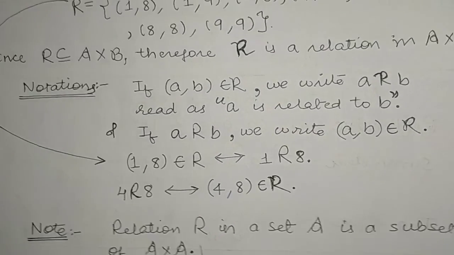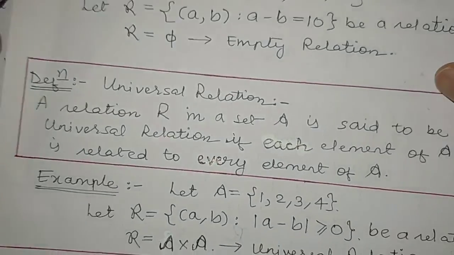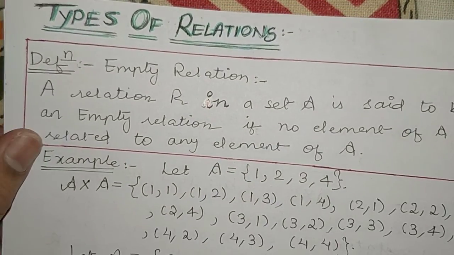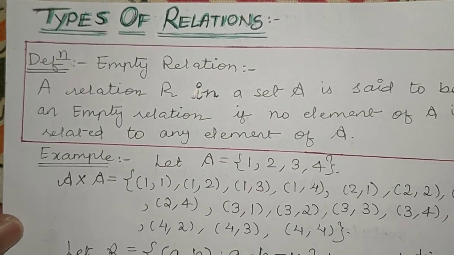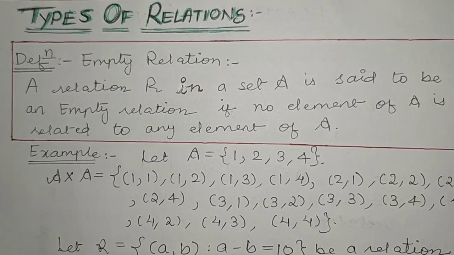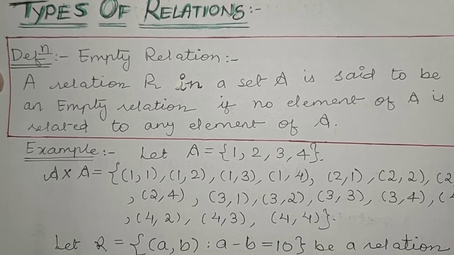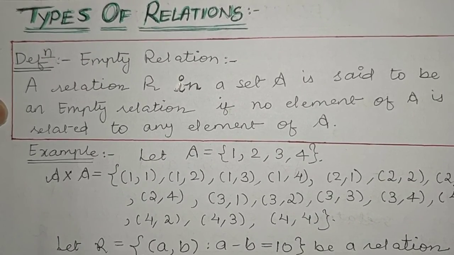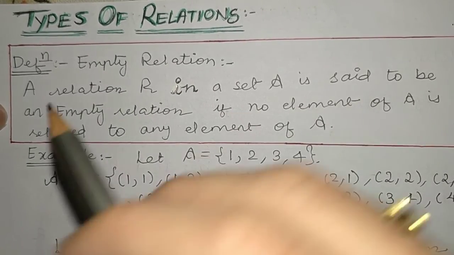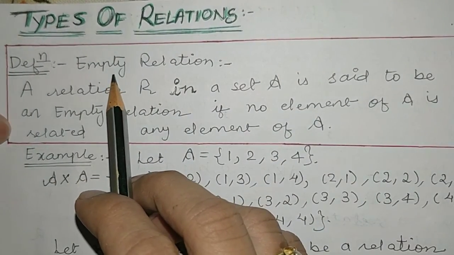Now let us go to the next subtopic, that is types of relations. You have to know the types of relations here. There are many types of relations. Let us look at the first one, that is the empty relation.